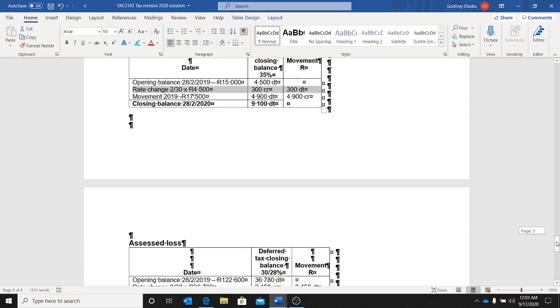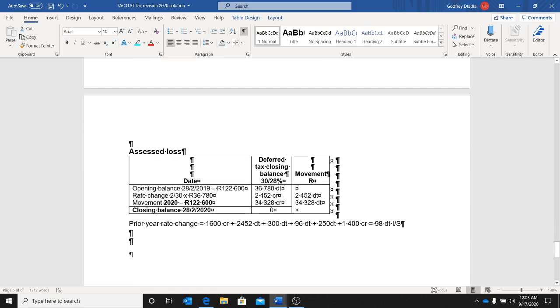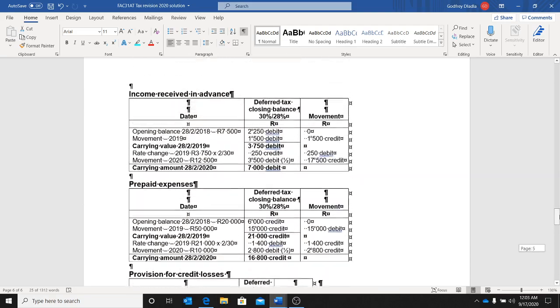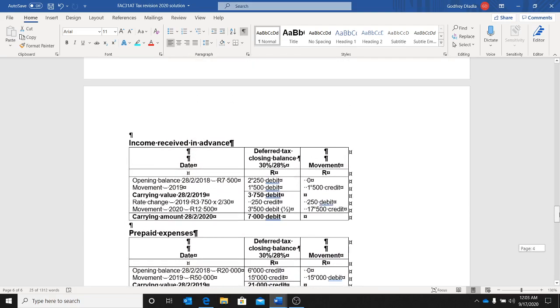And all these rate changes, as well as the one for assessed loss, are added here to get the total one, which is 98. But this one is a bit of a long route. We will engage on the balance sheet approach, which is more or less a shorter one.